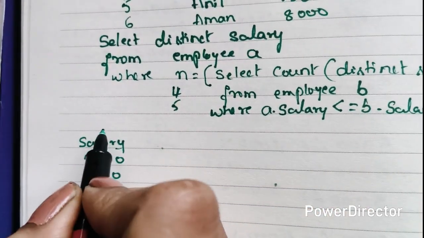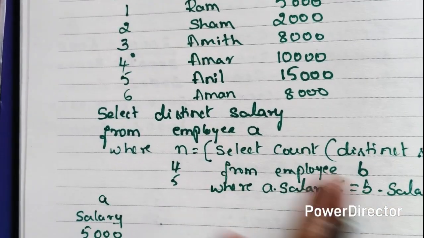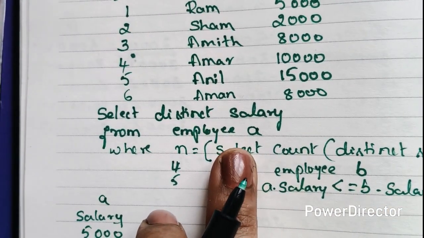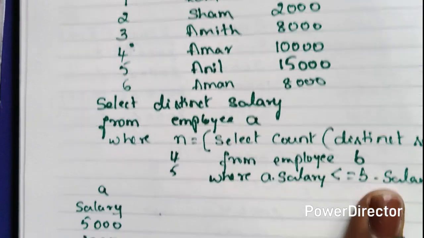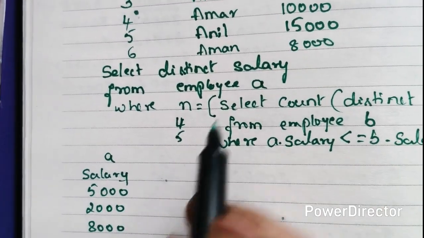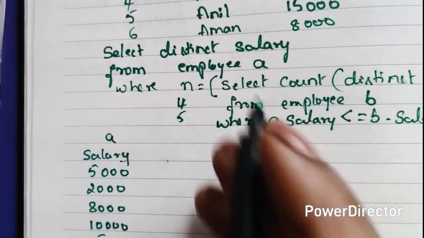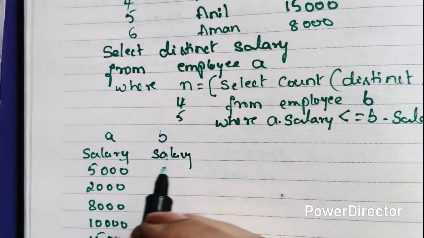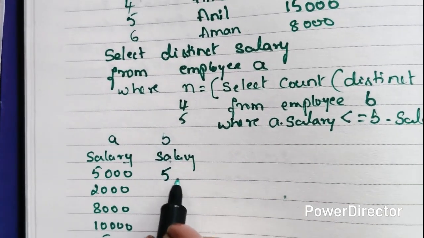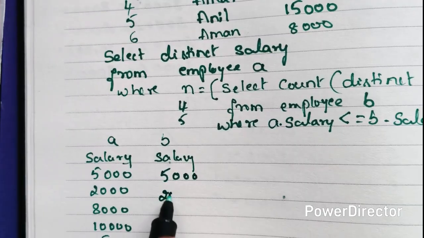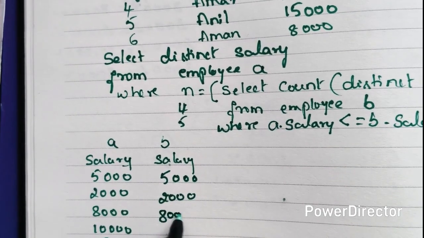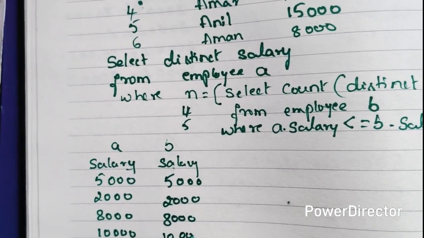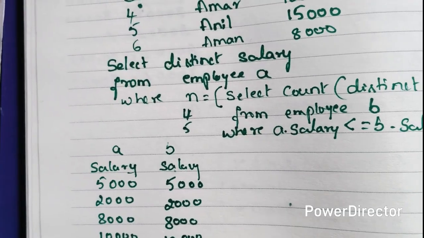I will take this as A because we have taken two employee tables, one as A and one as B. So this salary column is from employee A. And I will write one more salary list. This is for B. Same salary: 5,000, 2,000, 8,000, 10,000 and 15,000.